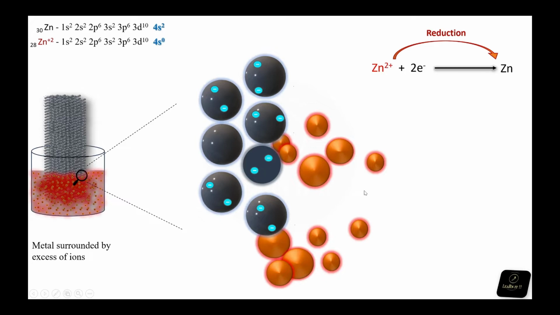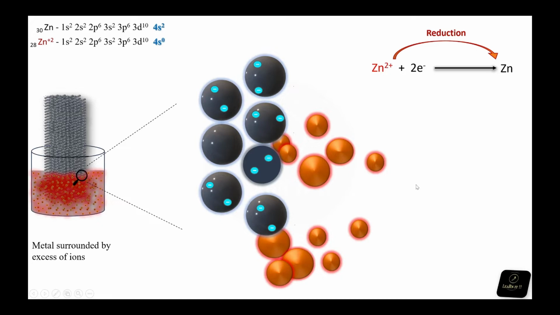So this conversion of ions, cations, to atoms by the consumption of electrons is called reduction. We have already seen the conversion of an ion into an atom by the consumption of 2 electrons from the neighboring atom. So this ion may take 2 electrons directly from one atom or 1 electron from the neighboring atoms.